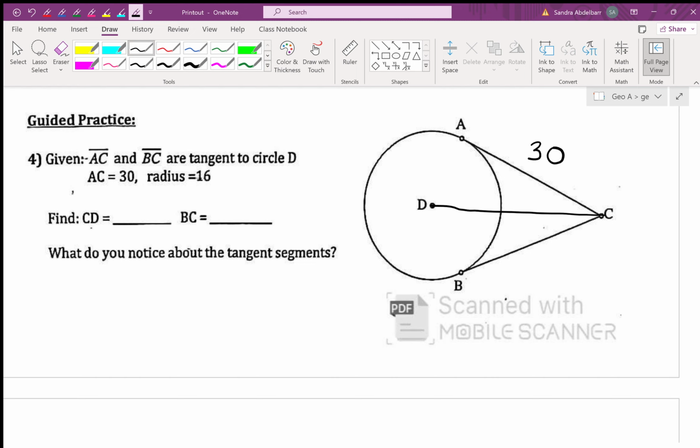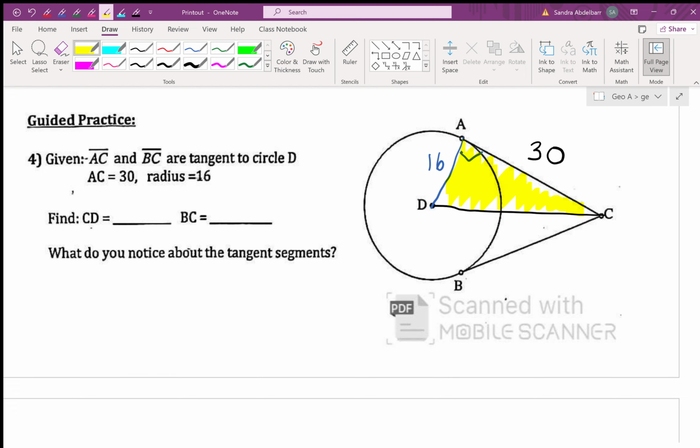Now, when they say the radius is 16, where do you think I'm going to draw this radius to help us? Maya? Yeah, I'm going to go D to A, and that is 16. And then what do I realize I have here? A right triangle. Do we agree?